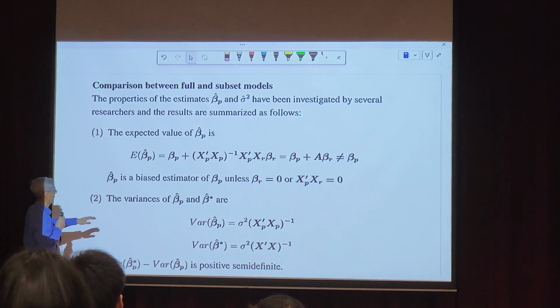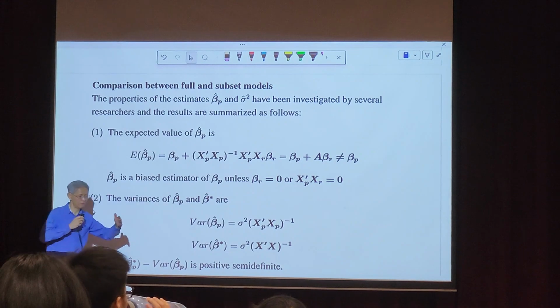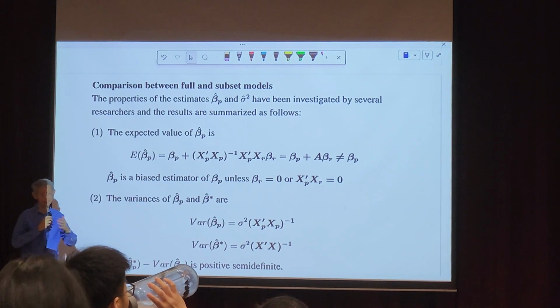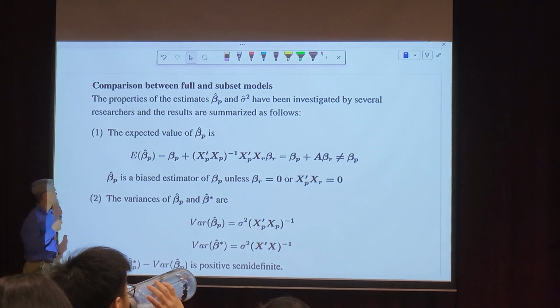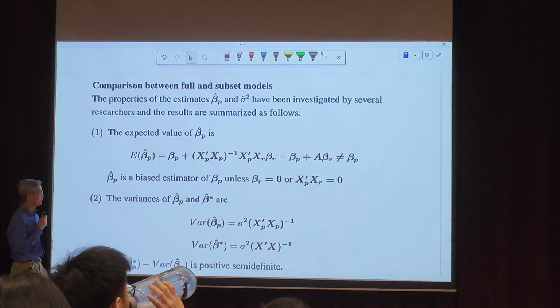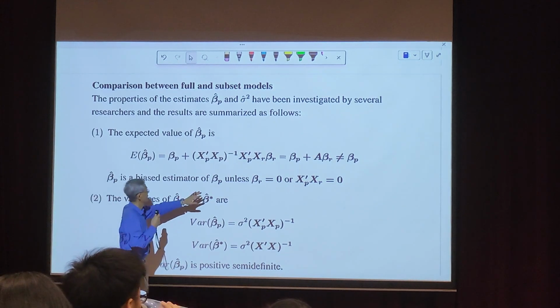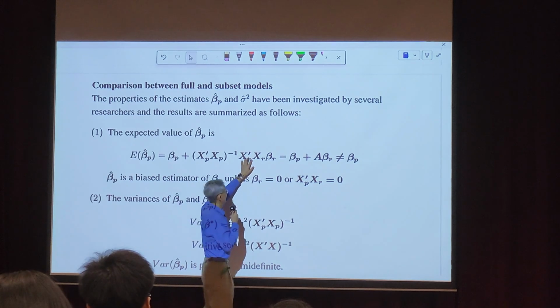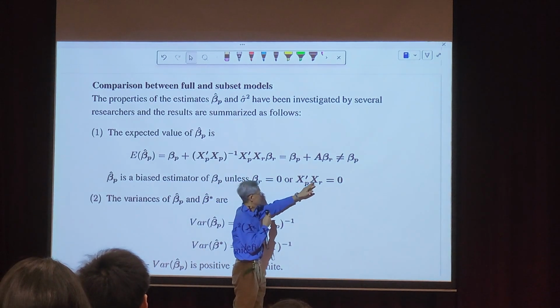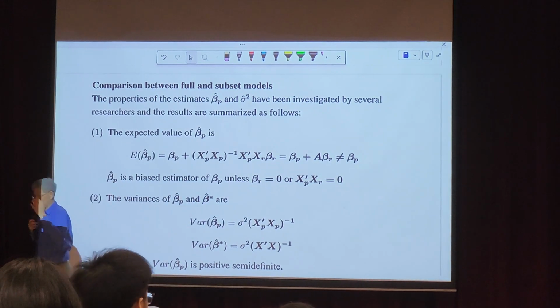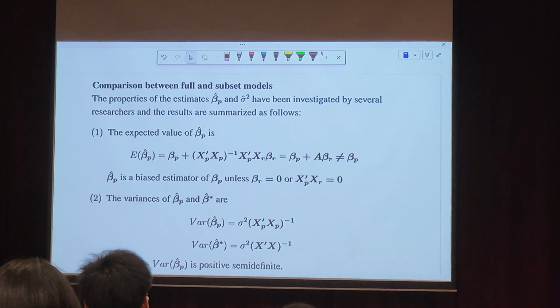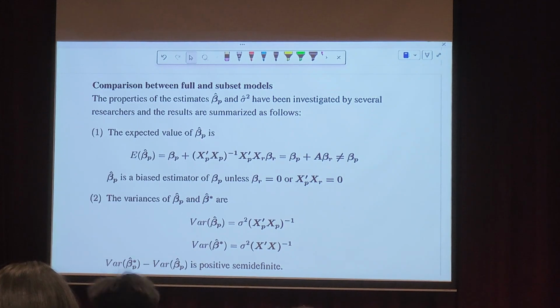So if you have a full model and you reduce it, your regression coefficients become biased estimates, unless this part is 0, unless those that you deleted are orthogonal, then you will maintain the unbiasedness. What about the variance?